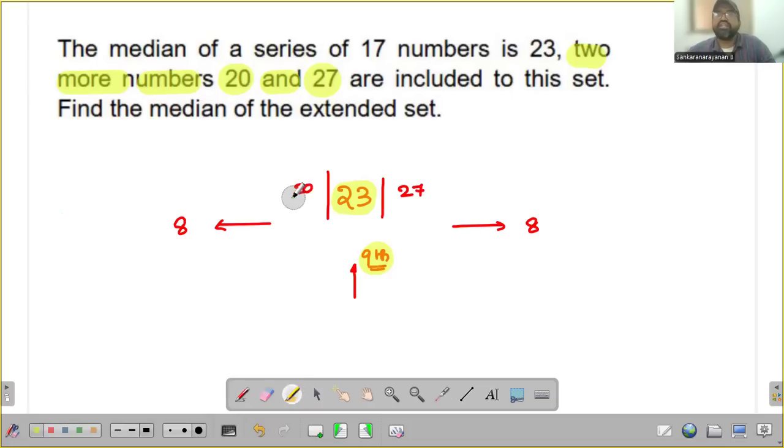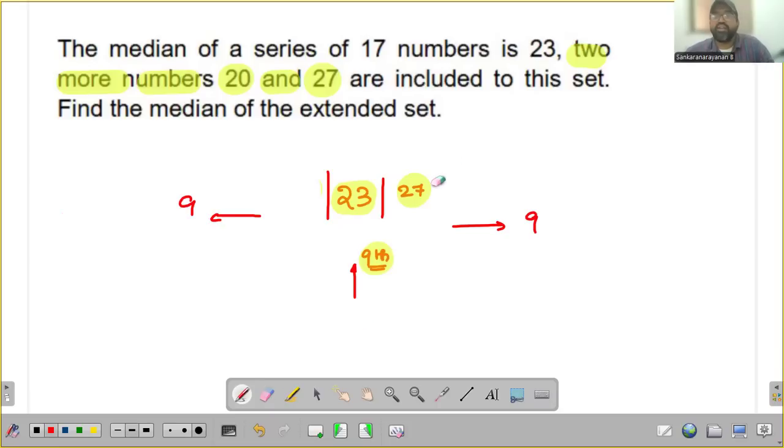The number of observations has become 19. So the 10th observation will be in the median position. And yes, that is happening. There are altogether 9 observations to the left and 9 observations to the right.